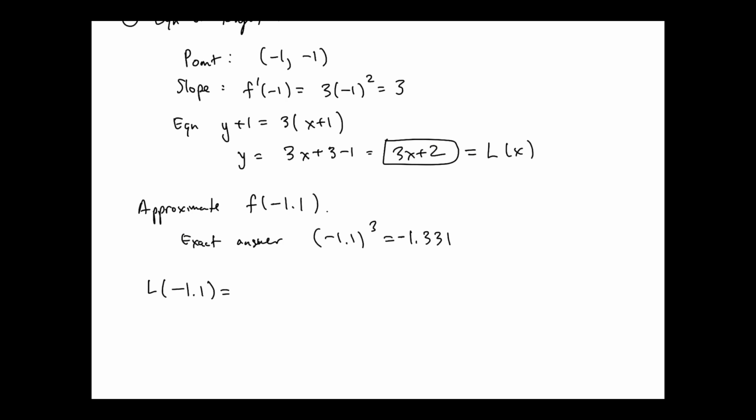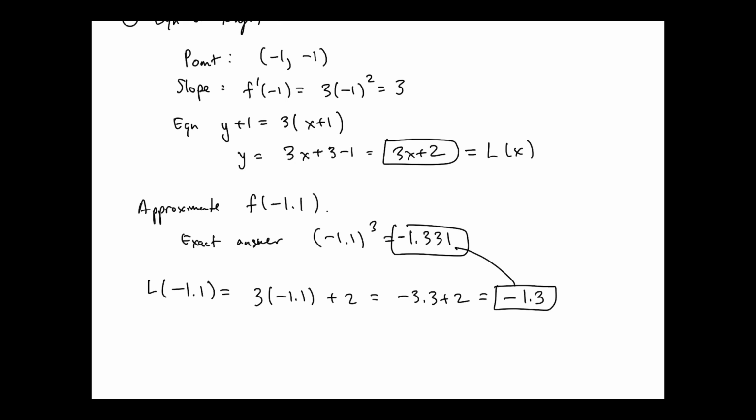What do you get? Put that away. You don't need it for this. Yeah. So I'd get what? I'd get 3 times negative 1.1 plus 2. Close enough.